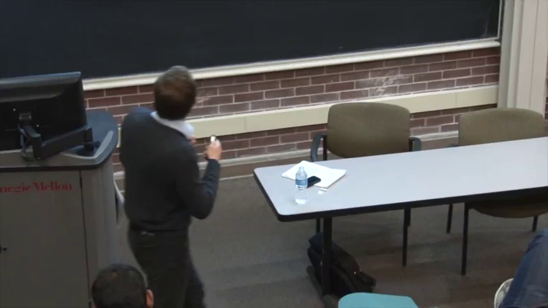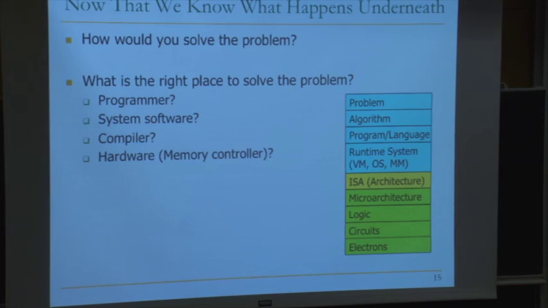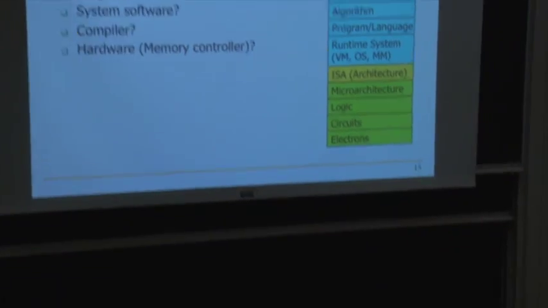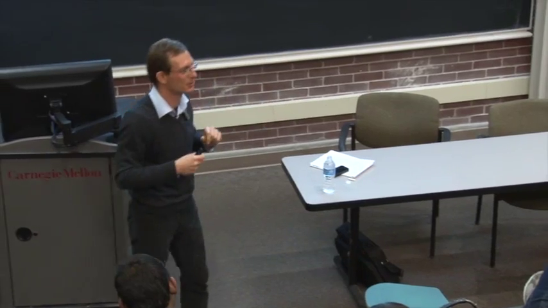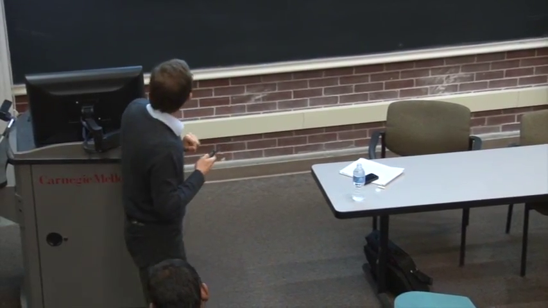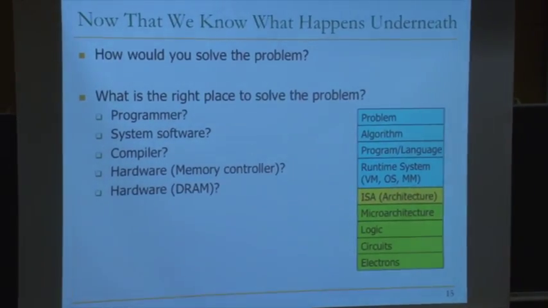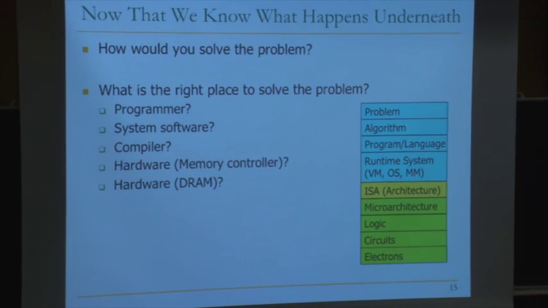Hardware, memory controller. Can the memory controller solve this problem? Well, probably yes, right? Instead of doing unfair scheduling, maybe you have a much fairer scheduler. And the paper you will read has a solution to this. It's not the best solution, but it's a solution. Or maybe we should think differently, right? Maybe we should design DRAMs such that this row buffer is not a problem.